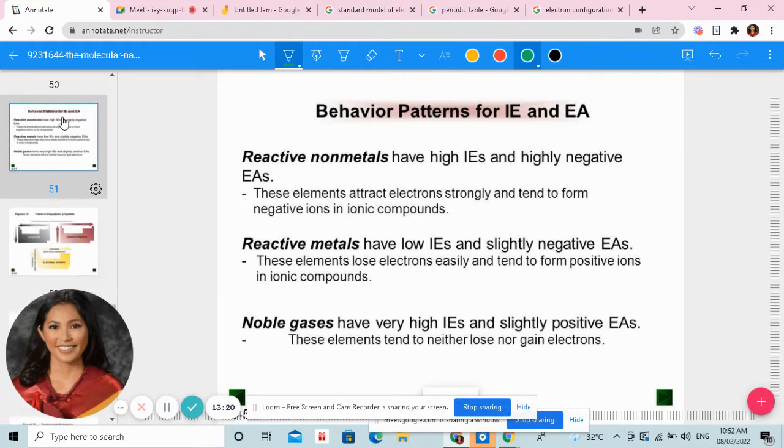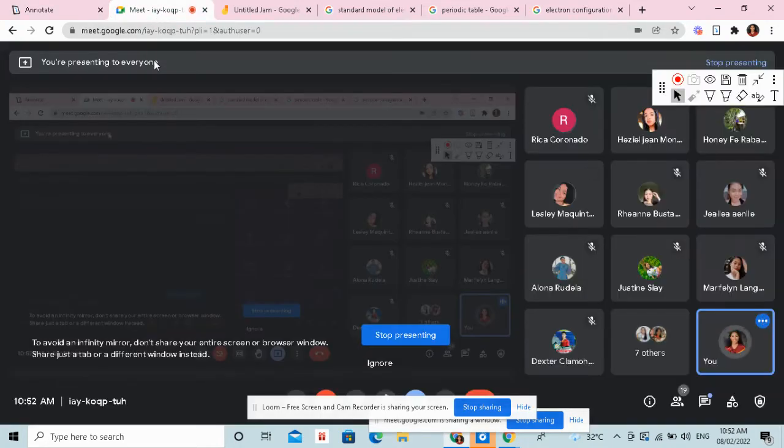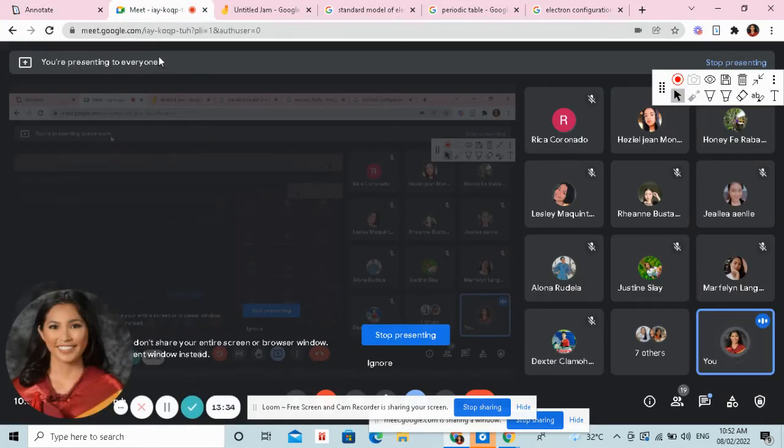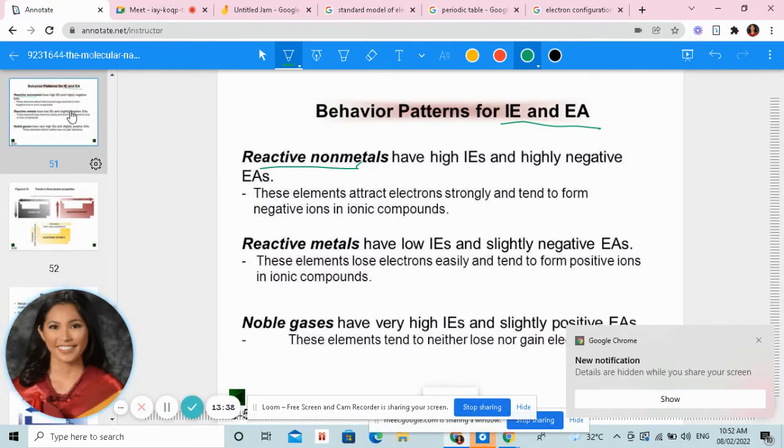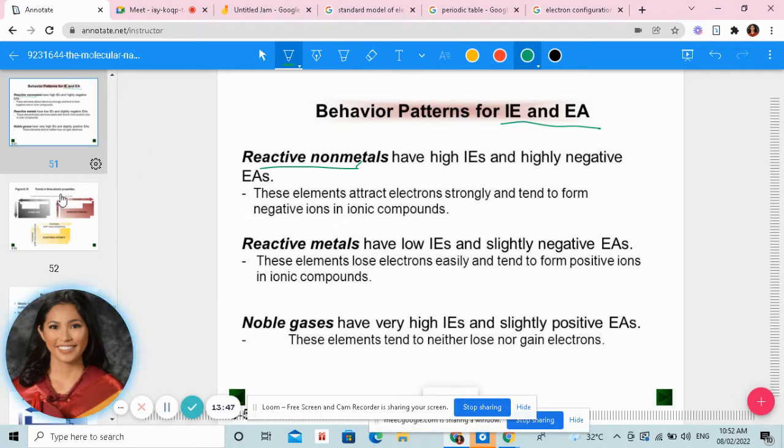Hello? Hapit na chud. Behavior patterns of IE and EA. So, reactive non-metals, hello? Ma'am. Ma'am. Oh, may pamo. Dili sagot ta. Hapit na lagi ta mahuman. Igutom na jud kay alas 5 ko na mahaw. Na parehas tang gigutom. Pwede man mo kaon dira. Kaon na lang mo ako di kay dili ko kakaon kay saon ako pag storya. Mapalit pa kong pagkaon.